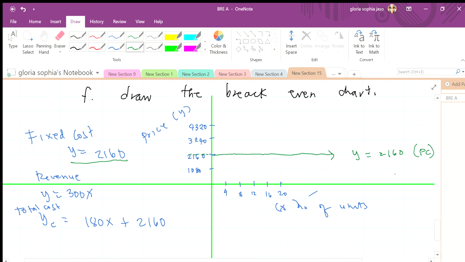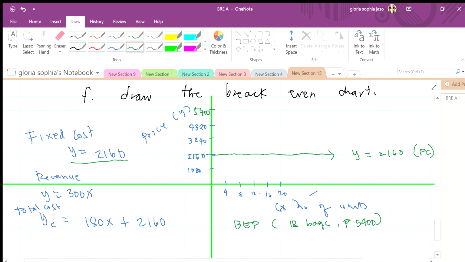Next is our break-even point. Do you remember, class? The 18 bags and our price is 5,400 for our break-even point. So, let's graph it. 4,320 plus 1,080, that's 5,400.